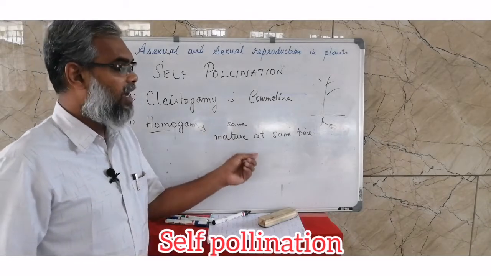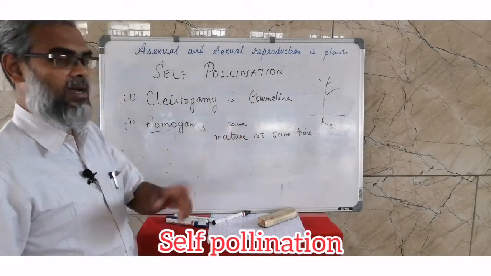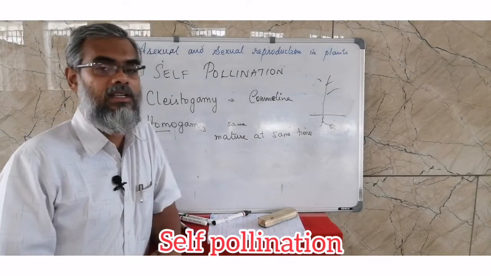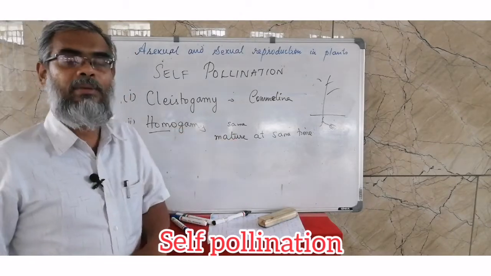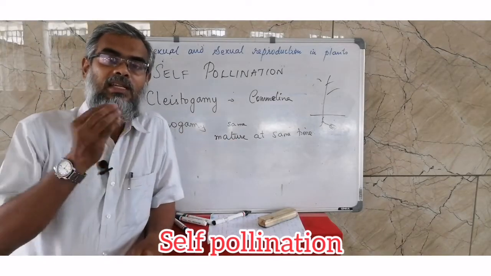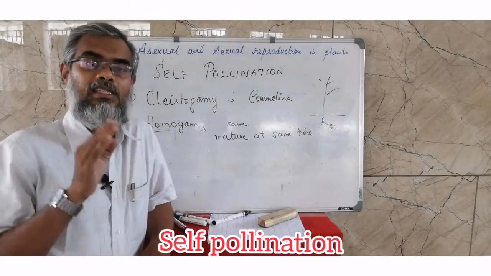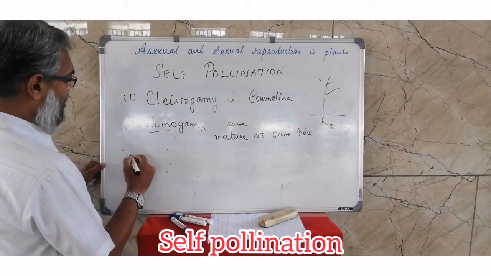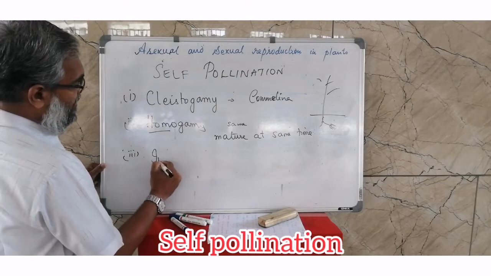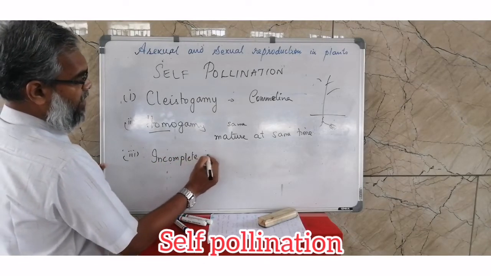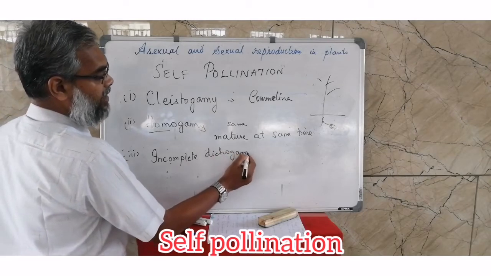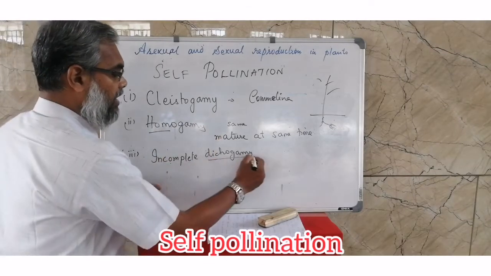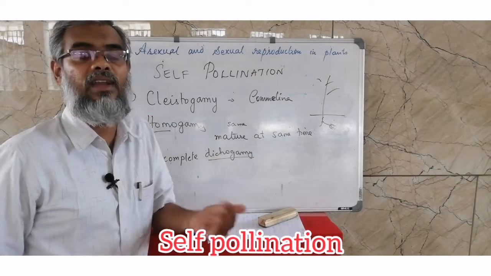Mirabilis jalapa, our 4 o'clock plant, we have discussed earlier, shows homogamy. So homogamy is when stamens and stigma mature at the same time, leading to self-pollination. Now the third one is incomplete dichogamy. Homogamy is maturing at the same time; dichogamy, they mature at different times.